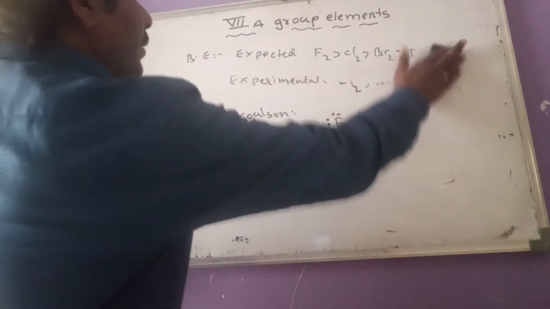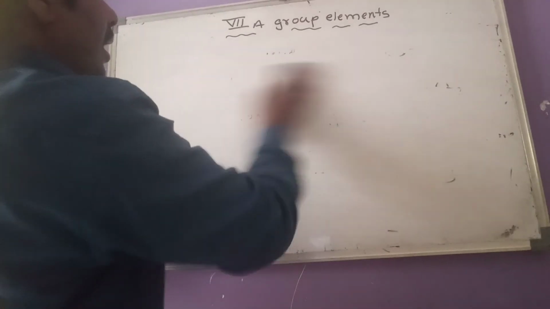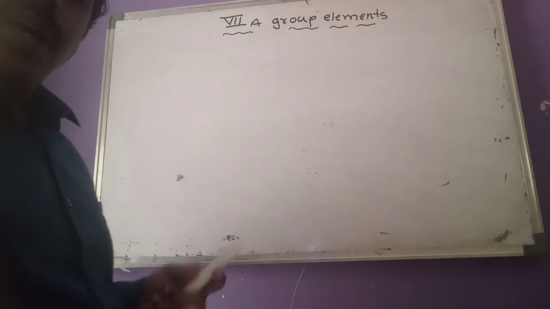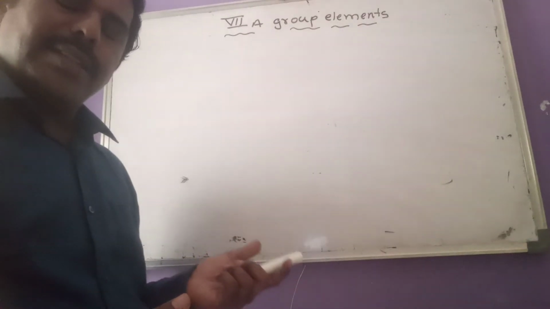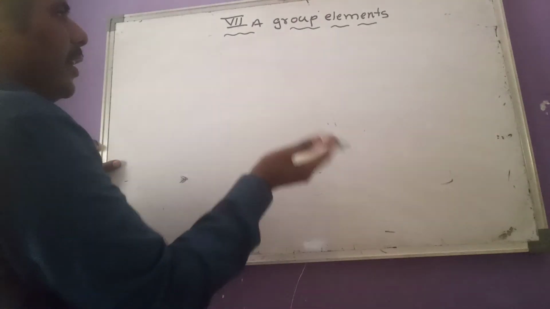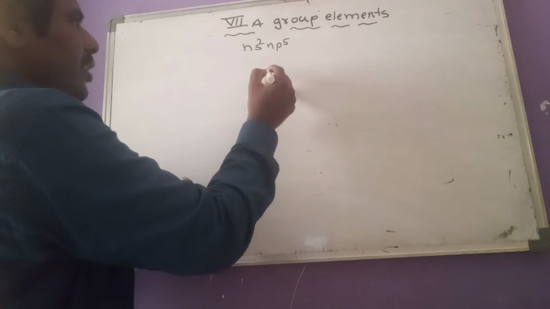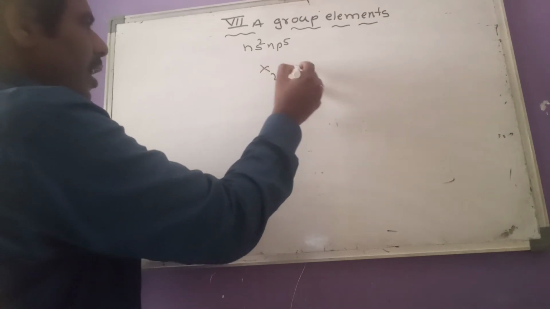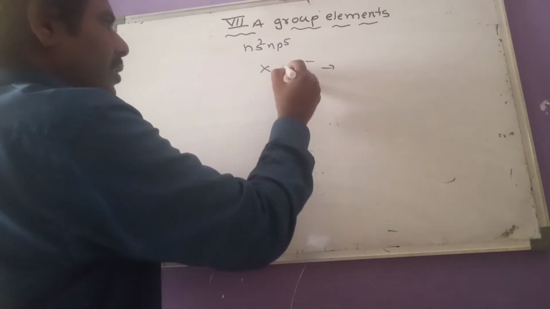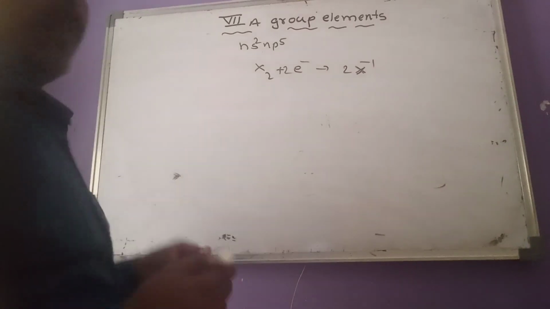Okay, then after that, the remaining property is oxidizing power. So what is oxidizing power? How do we say these act as oxidizing agents? See here, if you consider any halogen, due to the ns2np5 configuration, the halogen atom or halogen molecule gains electrons and tries to convert into X minus.